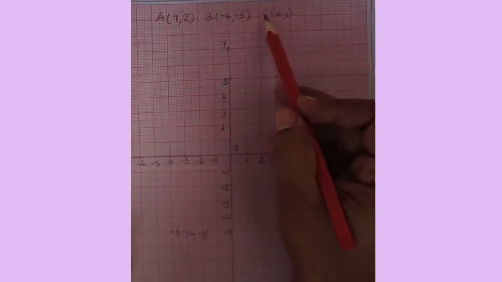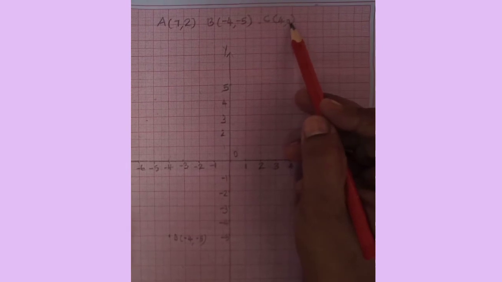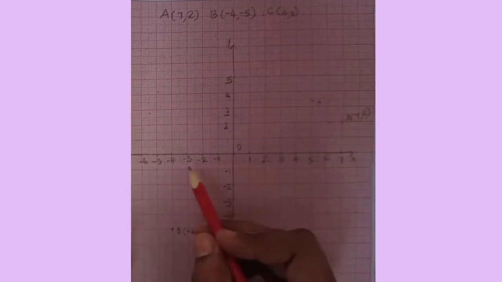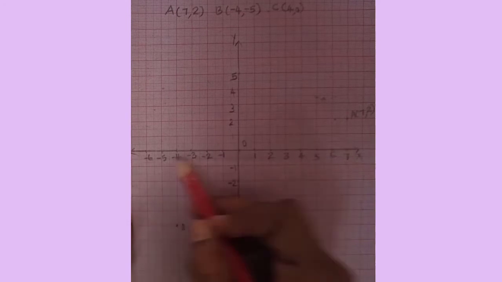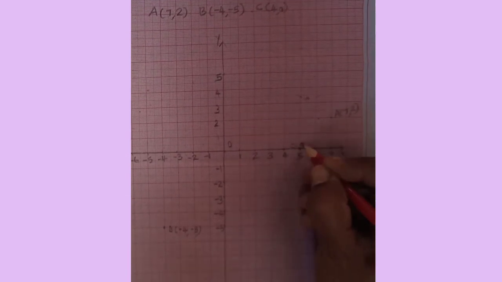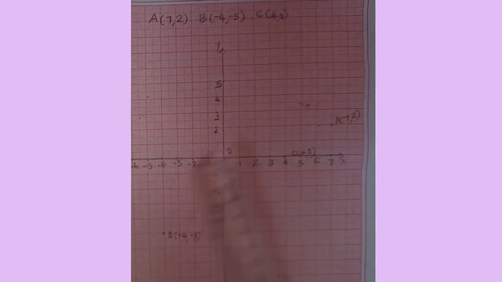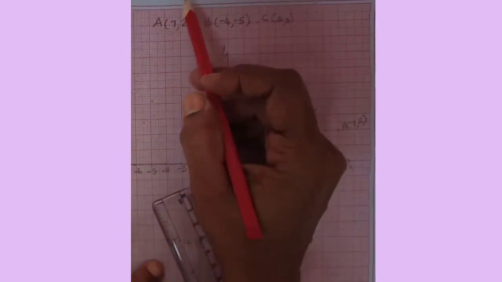Next, plot the coordinate C (4, 0). The x value is 4 and the y value is 0. If the y value is 0, the point lies on the x-axis. So this is C (4, 0). We have to show that these points lie on a straight line.